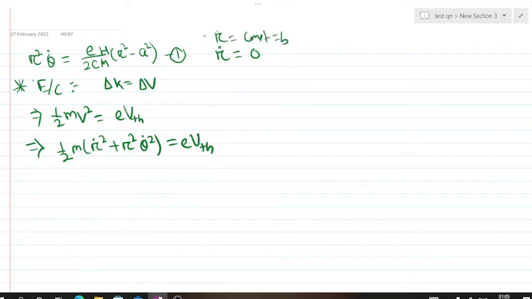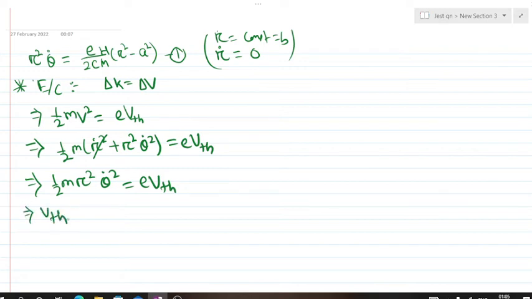So this term vanishes. So half m r square theta dot square is equal to e V threshold. So V threshold will be m r square theta dot square divided by 2e. This is our threshold voltage.